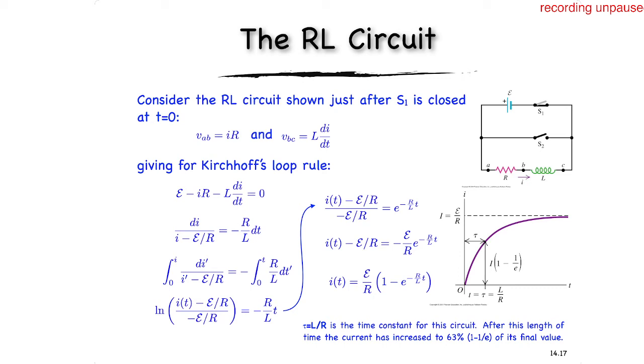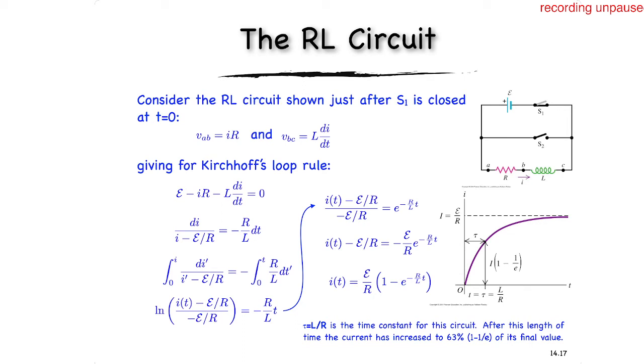So we have the same sort of way to characterize the rate at which it reaches this final value that we did for charging and discharging capacitors. We can't ask how long it takes to reach the final value, because it's asymptotically approaching it. We'll never get there. But we can talk about how long it takes to get to the point where this term here is e to the minus 1.